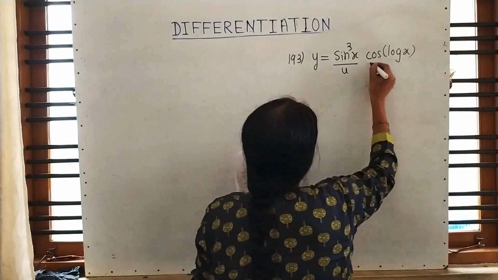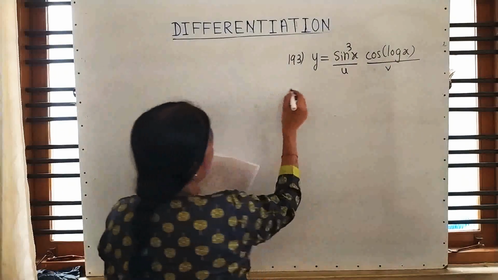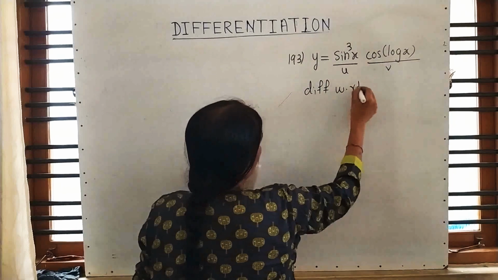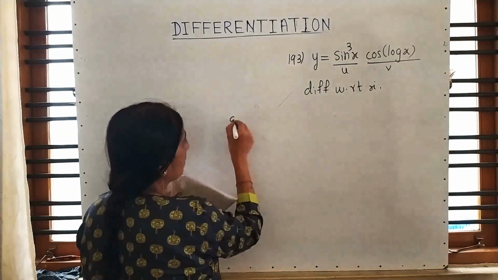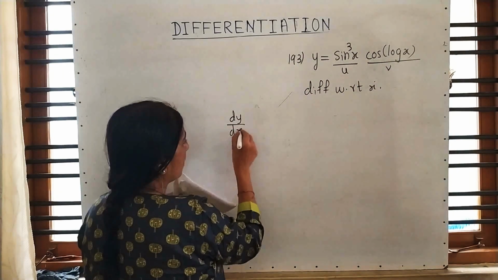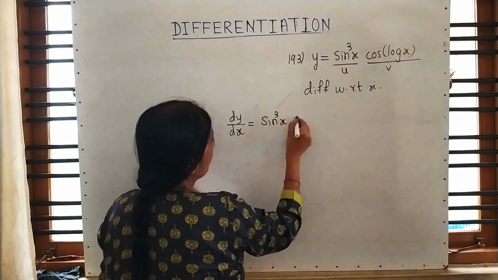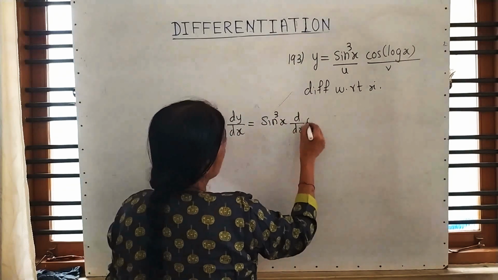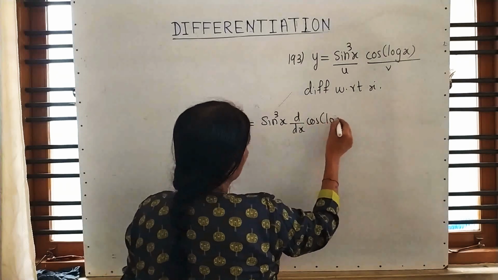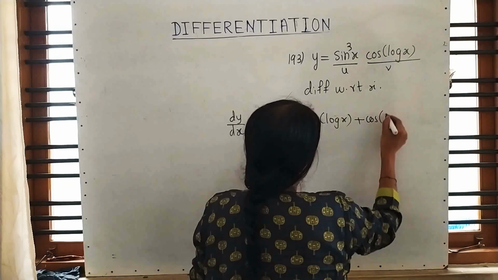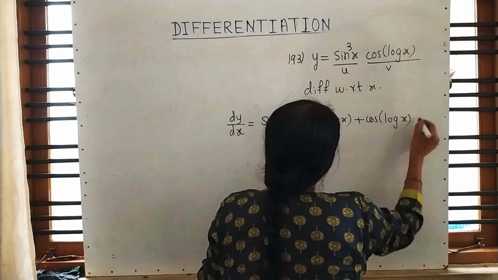Basically this is u, this is v. Differentiating with respect to x. dy upon dx is equal to sin cube x into differentiation of cos log x, plus cos log x as it is, differentiation of sin cube x.